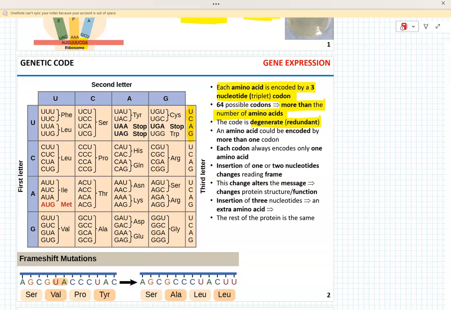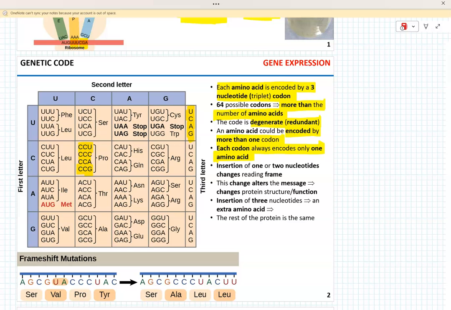Degeneracy means that a given amino acid can be, not necessarily is, but can be encoded by more than one codon. And in this case, each codon always encodes only one amino acid. If you take a look at the table with the genetic code on the left, you can see that, for example, the amino acid proline can be encoded by 4 different codons.